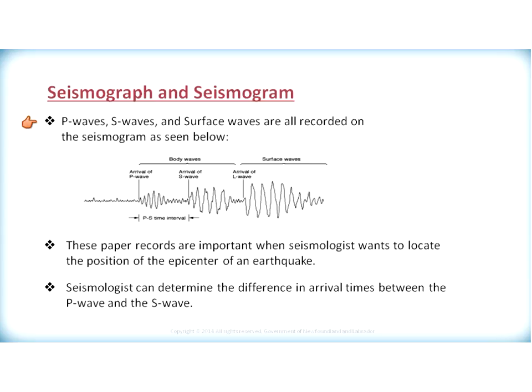And later, the surface waves, both Love and Rayleigh waves, arrive at a seismograph station and are recorded on a seismogram. So in summary, P waves, S waves, and surface waves are all recorded on a paper copy called a seismogram, and this is seen in the diagram below.